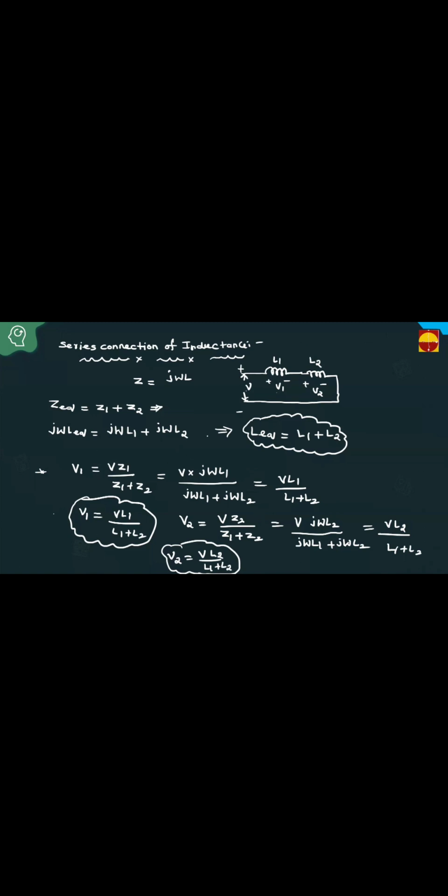If two equal inductances are connected in series, then how can we write? If two equal inductances are connected in series, then what is L equivalent equal to? 2L, similar to resistors. The equivalent inductance is similar to resistors.